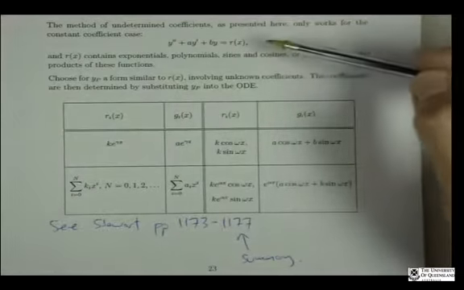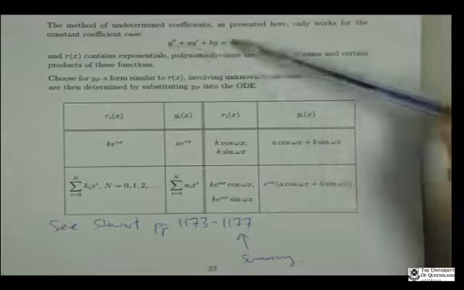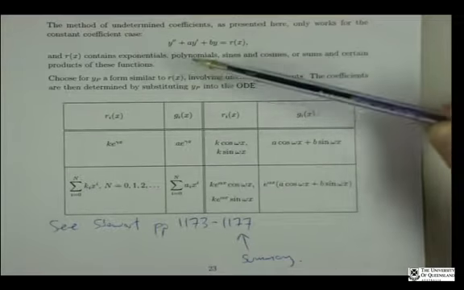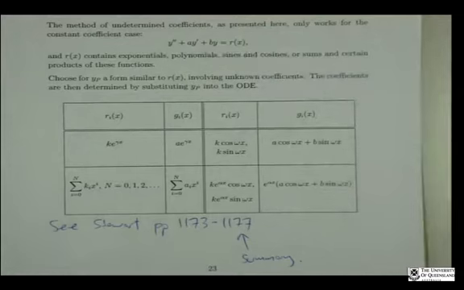So this result is based on that observation. If we plug in a polynomial to the expression on the left-hand side, out comes a polynomial. If we plug in an exponential, out comes an exponential, and so on and so forth.